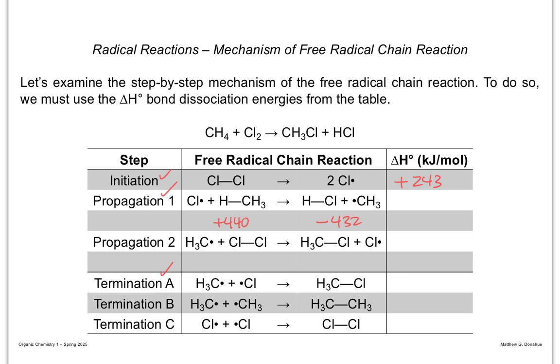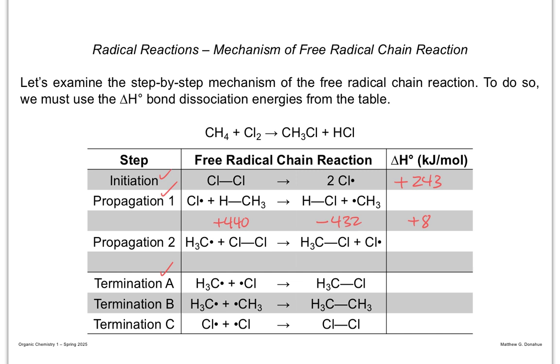And so we have two numbers there and we just add them together. So overall that's going to be plus 8. So the initiation step, we've got to put some energy in to cleave that Cl-Cl bond. Then in propagation step 1, overall, that requires plus 8 kilojoules per mole.